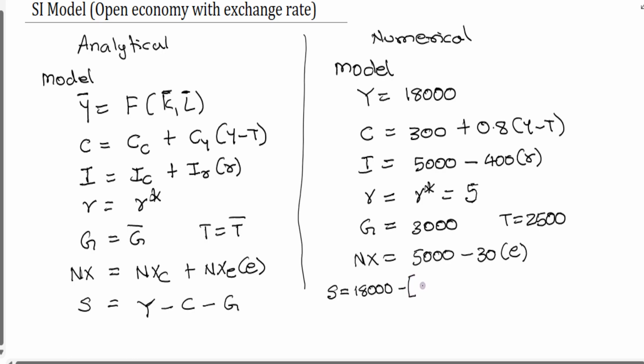Consumption is 300 plus 0.8 Y, notice there is Y, and that Y in our example is 18,000, and taxes we have assumed to be exogenous, and that is 2,500. And then there is minus government spending, which is 3,000. Now, when you do the math, the national savings in terms of numbers turns out to be 2,300.